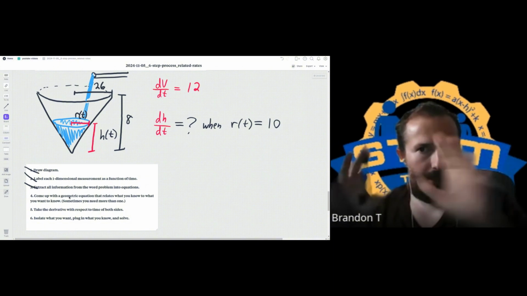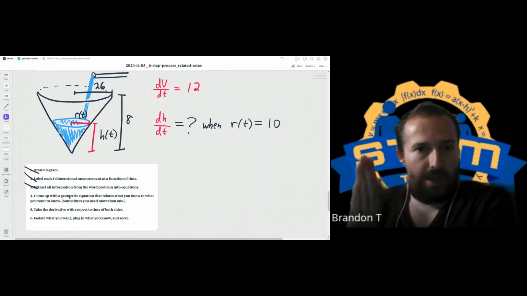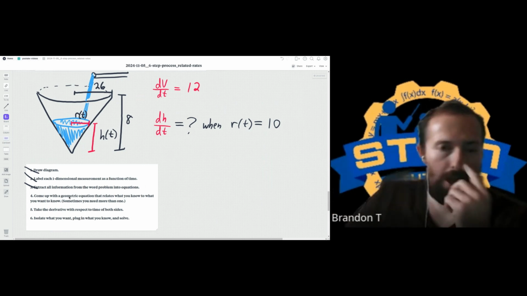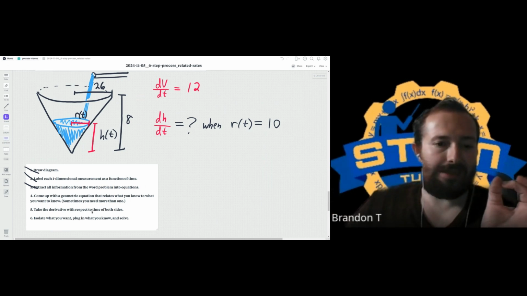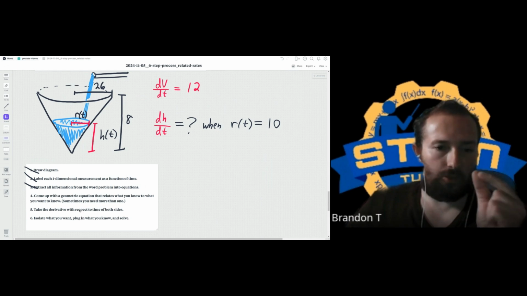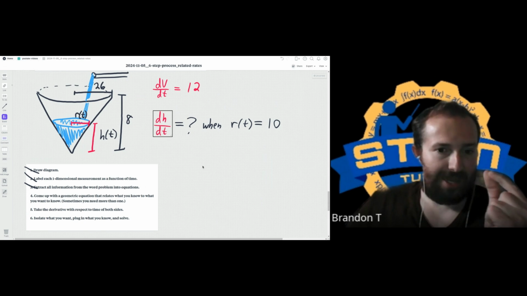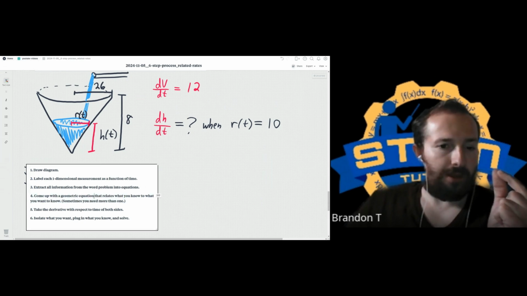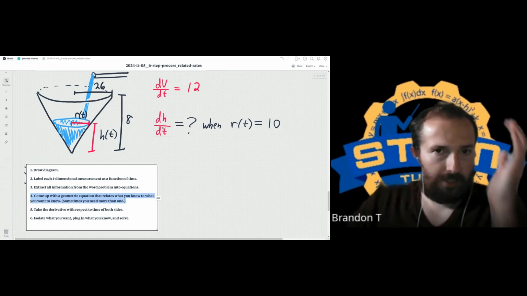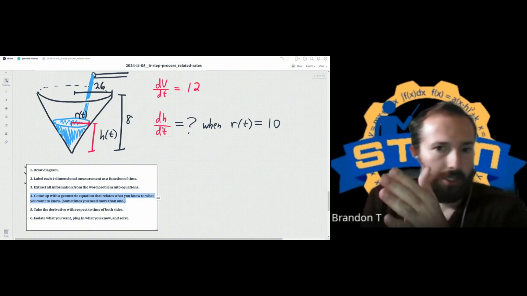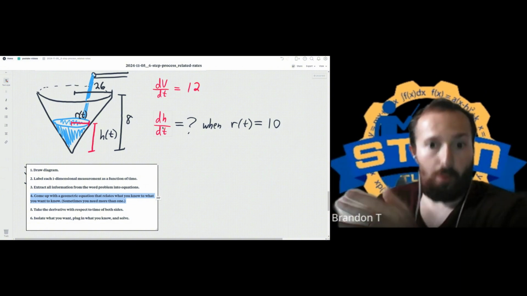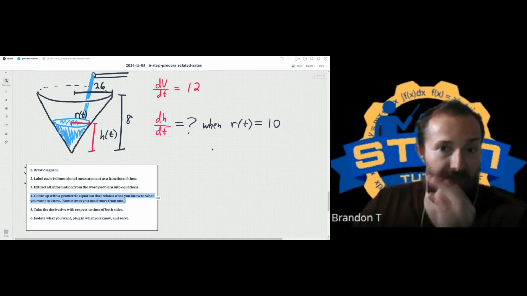They're just basically like this measurement is related to that measurement by a geometric equation. So the key idea is that in step 5, because we're going to take the derivative of both sides, what we really want is an equation with h in it in step 4. So if we can find an equation with h in it, then if we take the derivative of that, dH/dt, the derivative of h with respect to t, will pop out. So that's kind of what you can think of that.